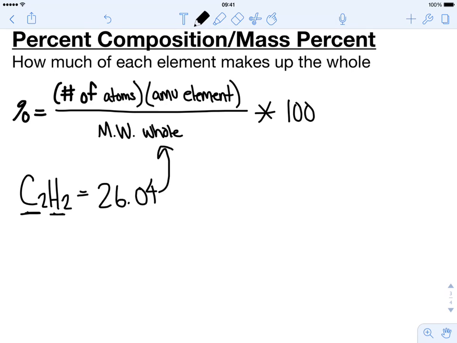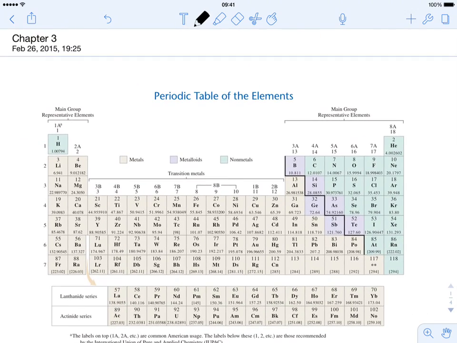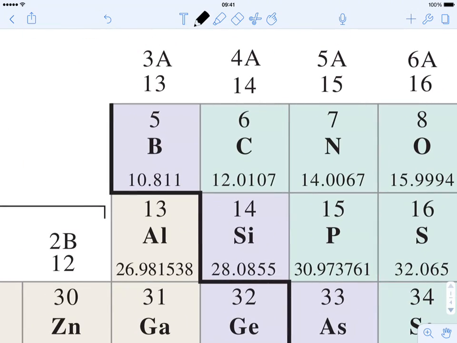So let's do an example using ethane, and I think it'll make a little bit more sense. So we already know that the molecular weight of this entire molecule of ethane is 26.04. Now that number is what's going in our denominator. That is the molecular weight of the whole. So now we want to find out what percentage of this 26.04 is carbon.